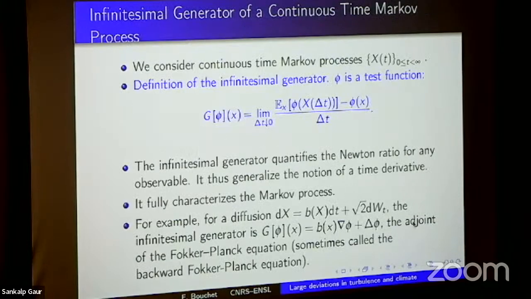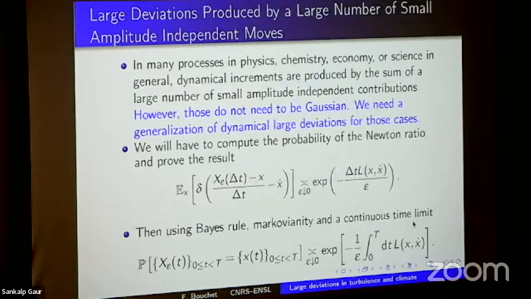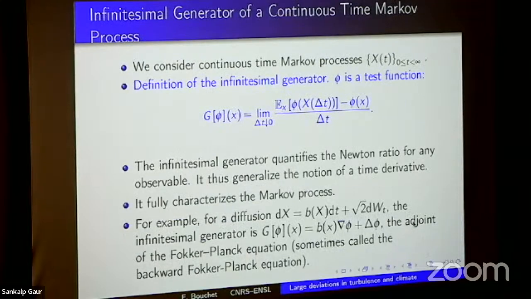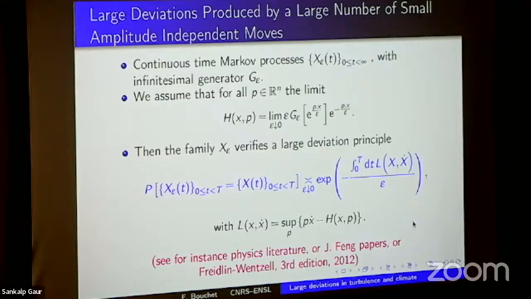And so if you use this, then in order to compute the limit when delta t goes to 0, you should use what is called the infinitesimal generator of the stochastic process, which is a tool to compute the average of some observable applied to the variable x minus its value at 0 divided by delta t. So this is again a generalization of the Newton ratio for stochastic process. I am a bit fast here, but you can read this in the notes. If I use these tools, it's not difficult. It's just something that you can learn in 1 or 2 hours.